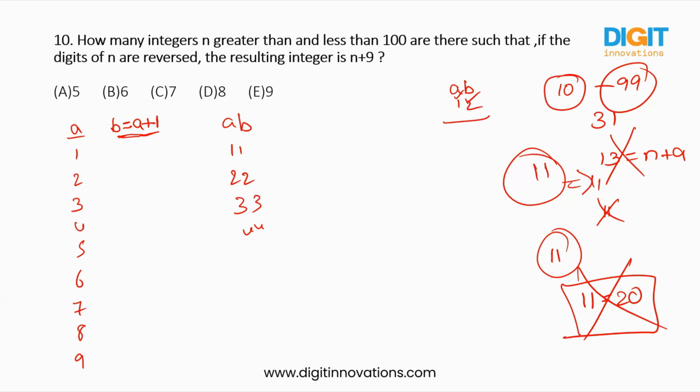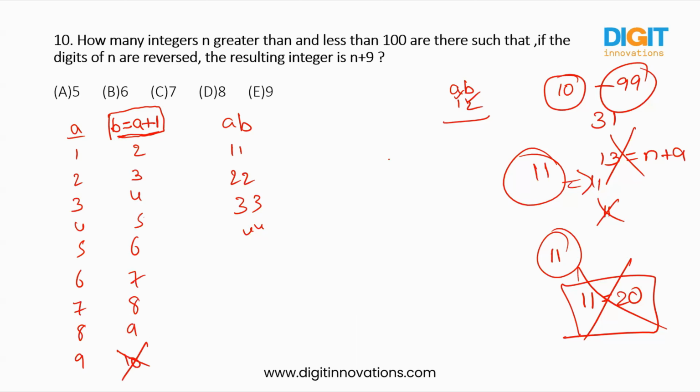Okay. So the B value should be A plus 1. That means 1 plus 1, 2. Here 3, 4, 5, 6, 7, 8, 9, and 10. 10 is not accepted. So AB, a two-digit number, should be, as we told, between 10 to 99 only.